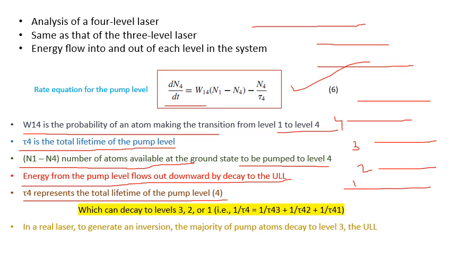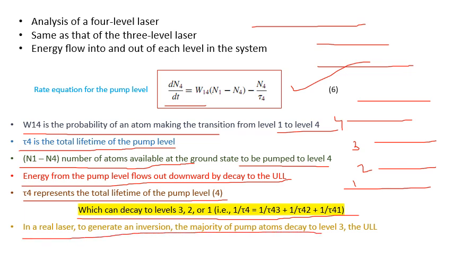It's a pump level, which can decay to level 3, 2, or 1, and it can be written like this: tau 43, tau 42, tau 41. That is, 4 to 3, 4 to 2, 4 to 1. So we know that to generate an inversion, the majority of pump atoms decay to level 3. Then after that, the lasing happens.